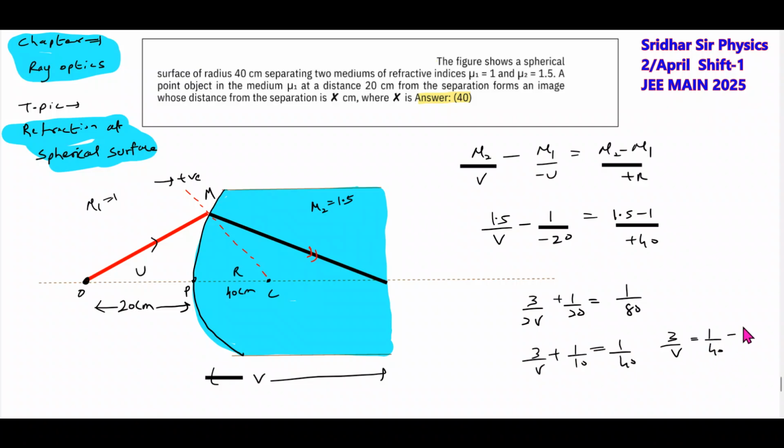Three by V is equal to minus 30 by 400. V equal to this will be minus 40 centimeter. This is where the image will be formed.